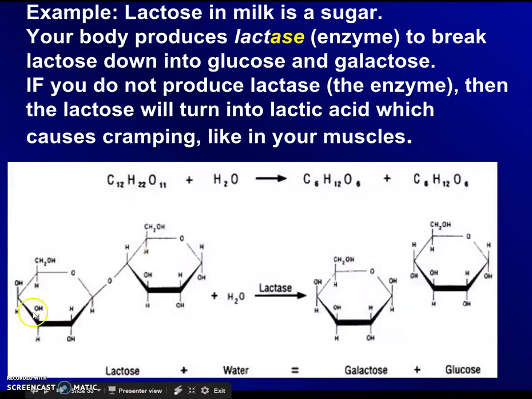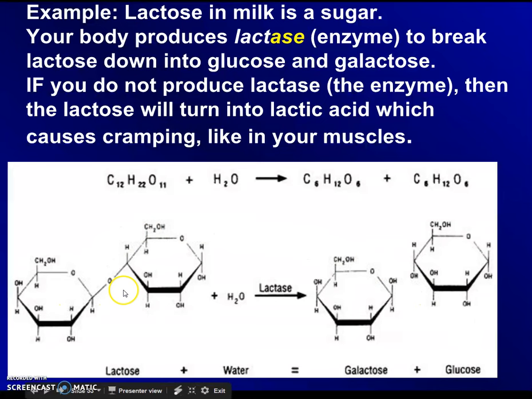So one more time, lactose is a sugar. It is milk sugar, but it is a carbohydrate, and it is a disaccharide specifically. And your body cannot use this disaccharide lactose. It would like it to break it down into galactose and glucose, but it can't do so on its own.